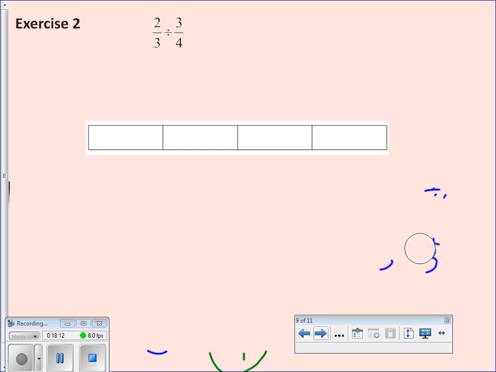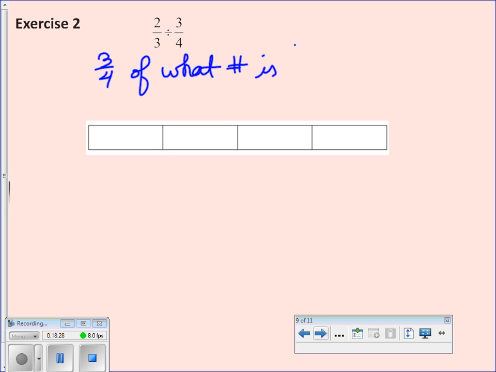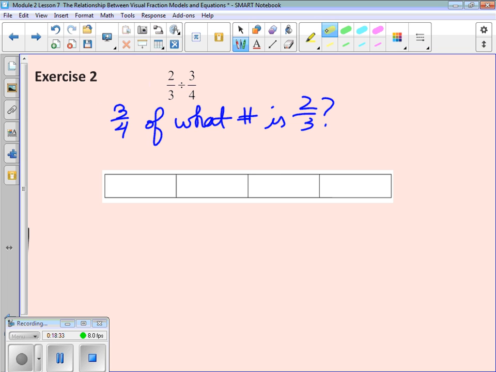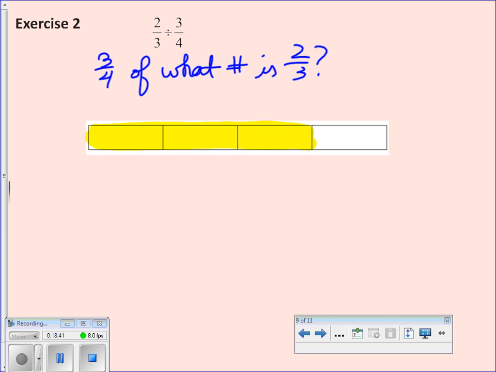So the next one, 3/4 of what number is 2/3? So I need 3/4. So 3/4 is 2/3.